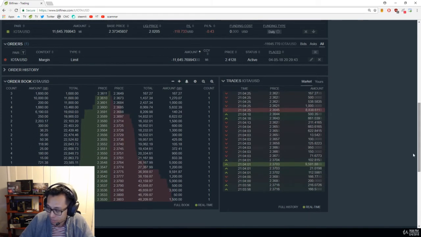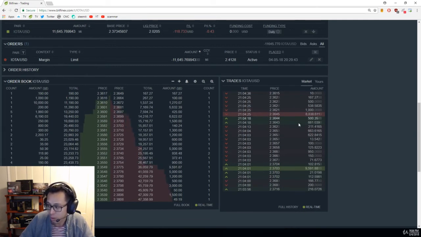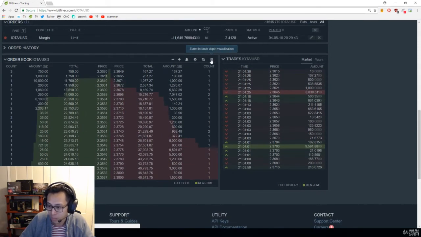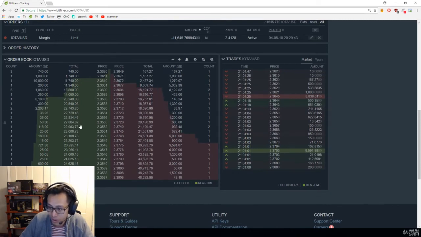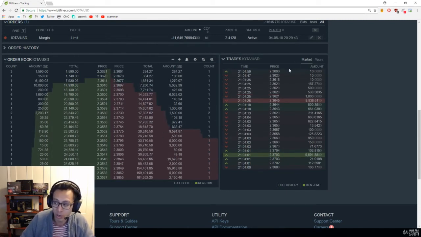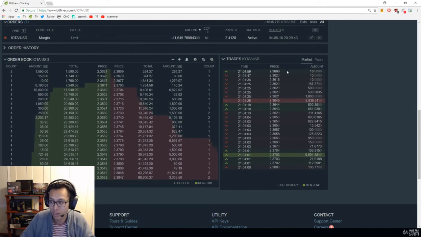We see a lot of people who bought and they broke through that $2.37 range, but we also saw a lot of people just end up selling it to the red now, right? So you see a lot of red on this side, which means that more people are interested in selling it than actually buying up the price. Even though we broke that barrier right there, that was quite a bit of coins that people wanted to try to break through there. So make sure you guys just keep practicing reading the level 2 action, right? You're going to be able to get a good gauge of the momentum that's happening in real time.